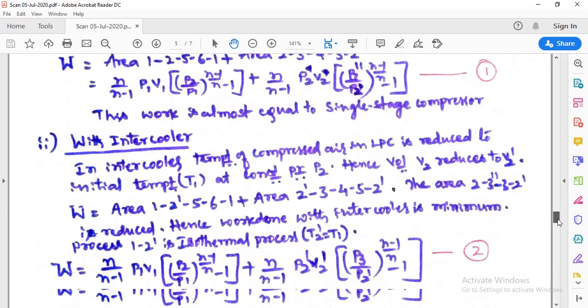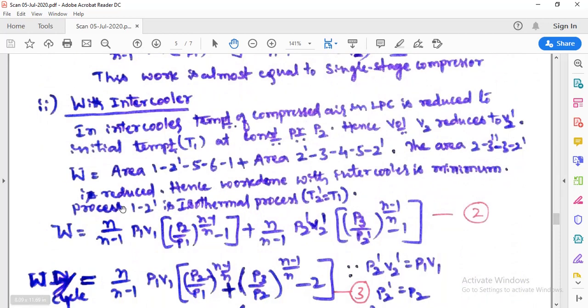If we consider the intercooler, the work done per cycle is equal to area 1, 2, 5, 6, 1 plus area 2 dash, 3, 4, 5, 2 dash. The area 2, 3, 3 double dash, 2 dash is reduced. Hence, work done with intercooler is minimum.